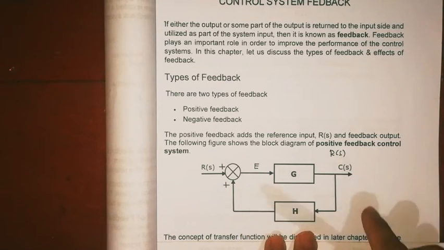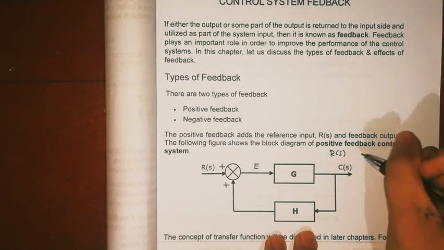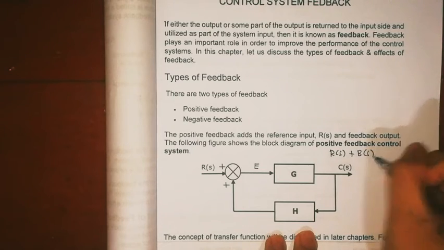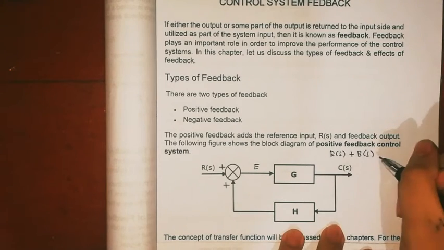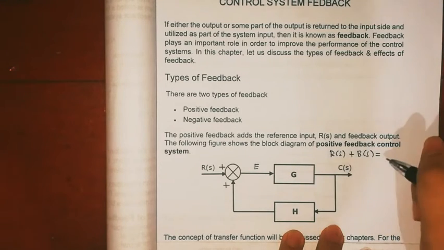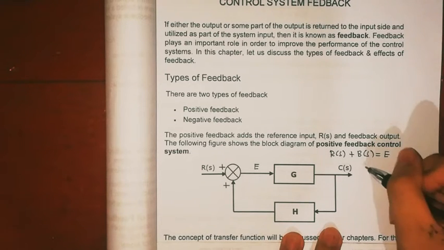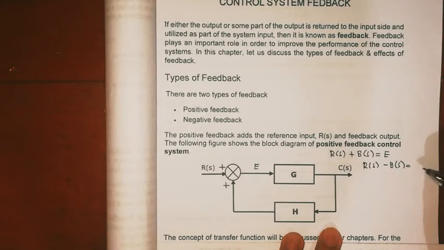So feedback output, ito yon, feedback output plus B(s) signal. Kasi positive is equals to the error E. Then sa pag negative feedback, so R(s) minus B(s) is equals to E.